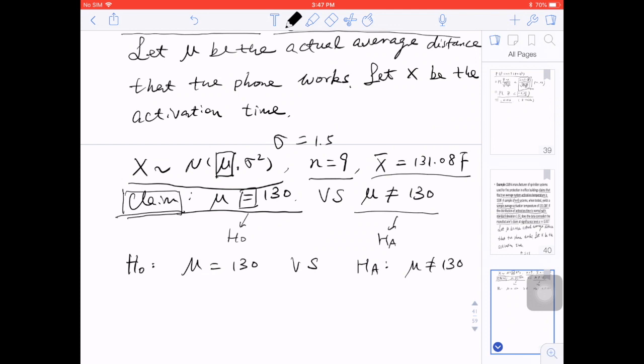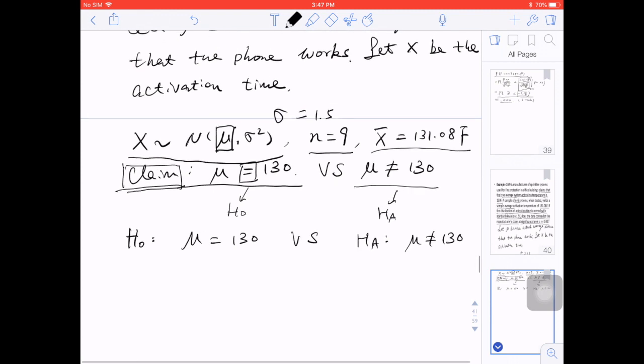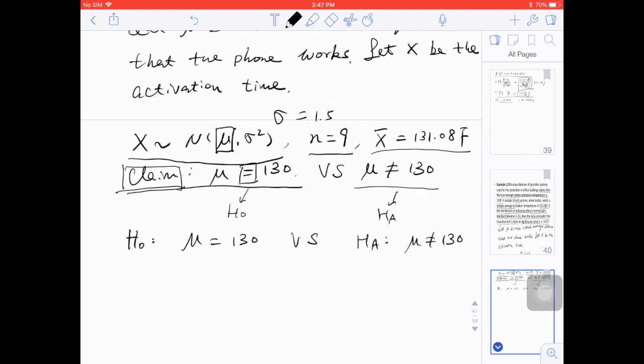After setting up the hypotheses, we need to find the corresponding sample statistic with respect to the parameter of interest, mu. So we can use x bar here.